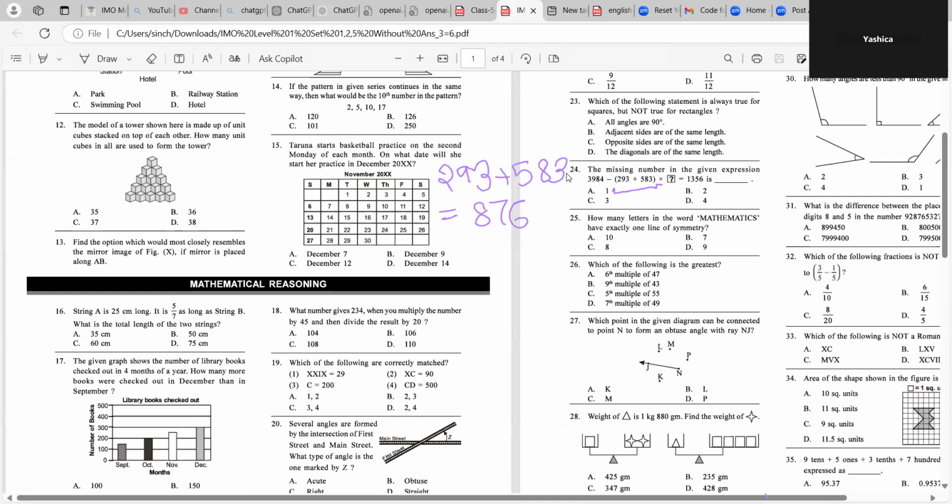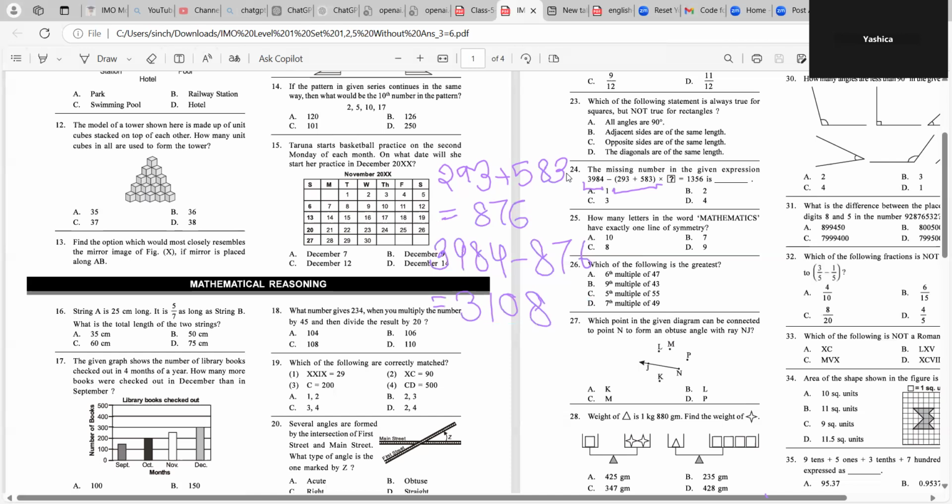Now we will subtract it from 3984. So 3984 minus 876 is equal to 3108.